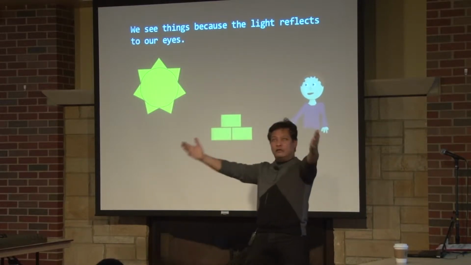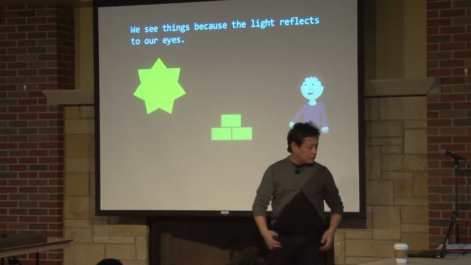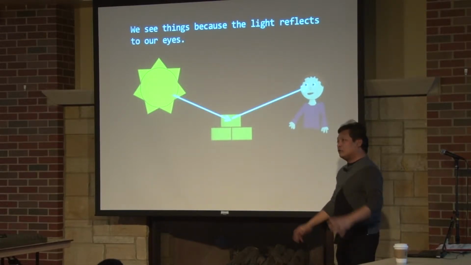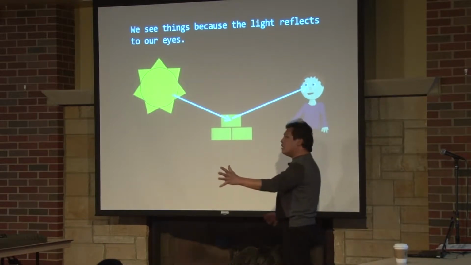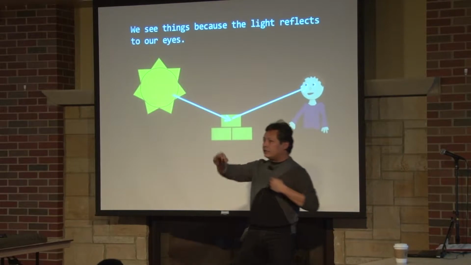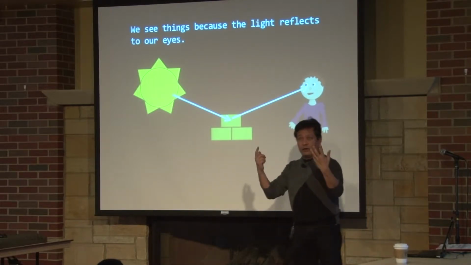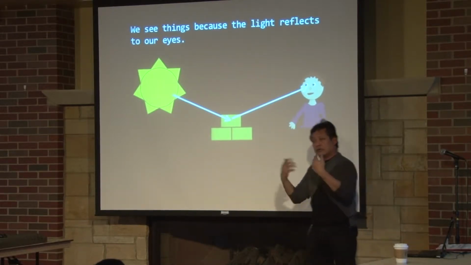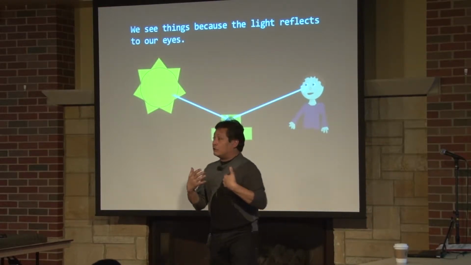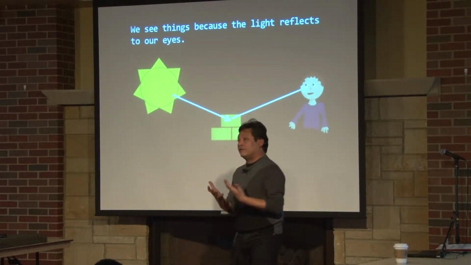If we turn off the light, you don't see me. So how do we see things? That's just very simple. There is a light source somewhere, and that light hits the objects, including us, and then the reflection enters your eyes or my eyes. And I can see you, you can see me. So if we want to see the atoms, then we have to use some form of light.